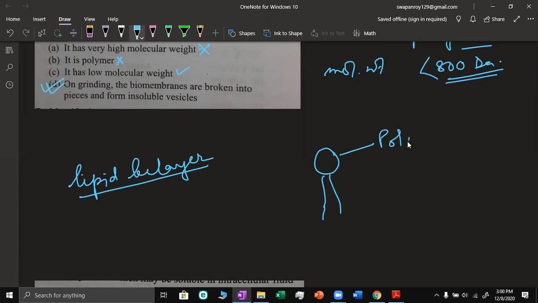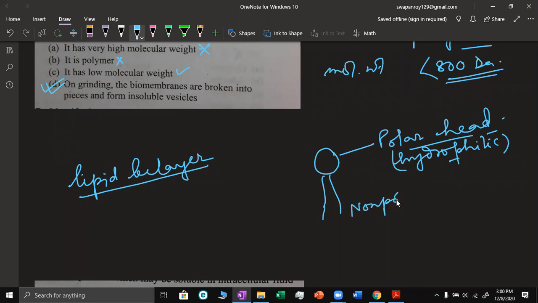This polar head portion is hydrophilic, and there is a non-polar tail, and this tail part is hydrophobic.